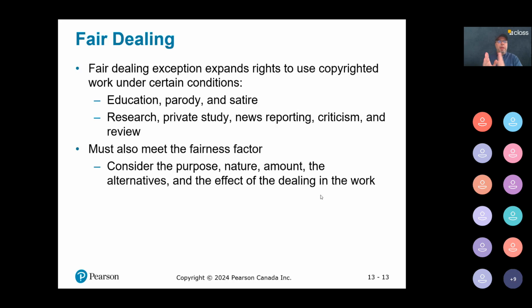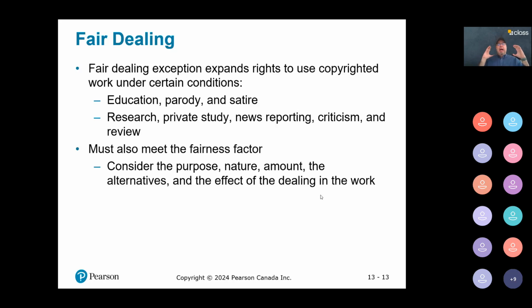You would be able to play parts of it, very short parts, because you don't want to prevent people from watching the movie at the movies or renting or paying. So if you use for research, again, private study, news reporting, criticism, again, you want to make a review, criticize, you can do that, but as long as it is with short parts.